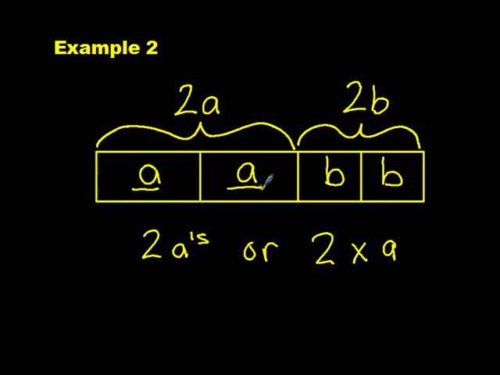There are 2 A's in this model. How many B's are in this model? 1, 2. There are 2 B's in this model.